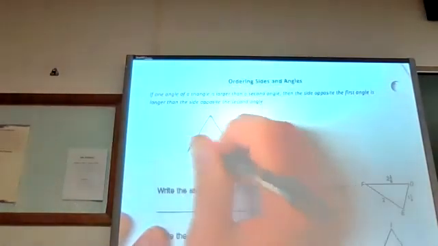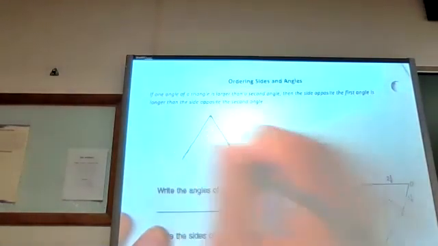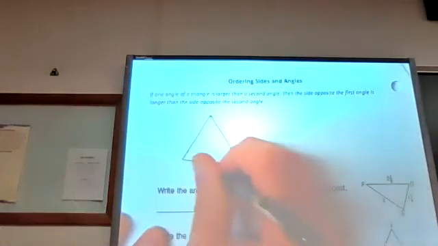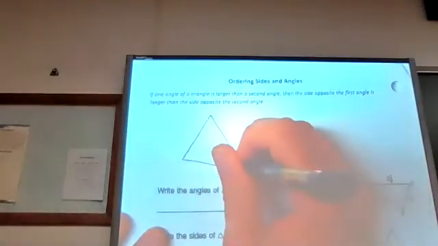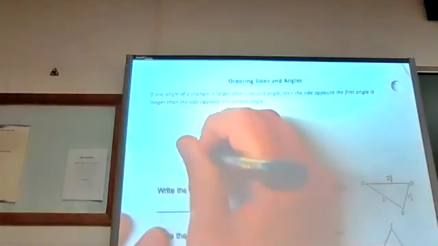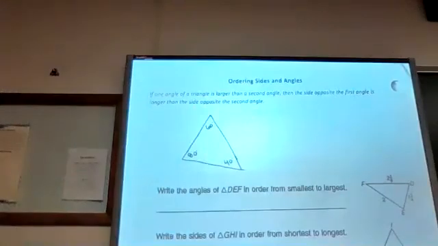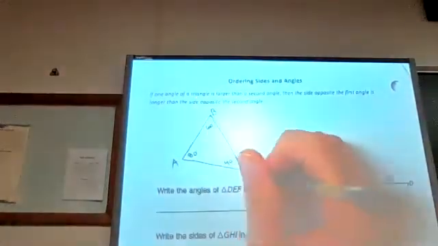So if I had a triangle, I'll do my best to draw it as accurately as possible, but I kind of messed up already. Let's see. So I'm going to say that this is 40, this is 60, and this is 80 degrees. And I'm going to call this triangle ABC.